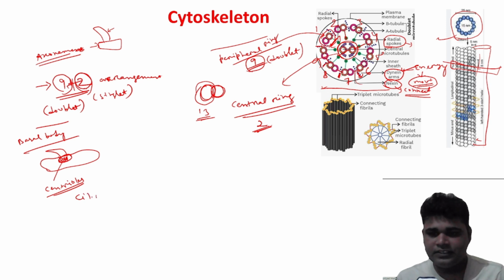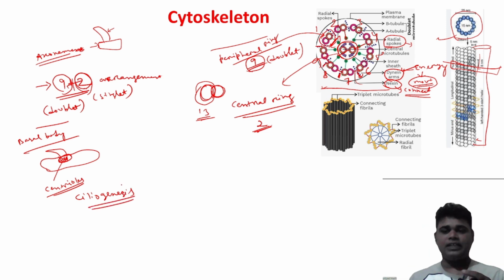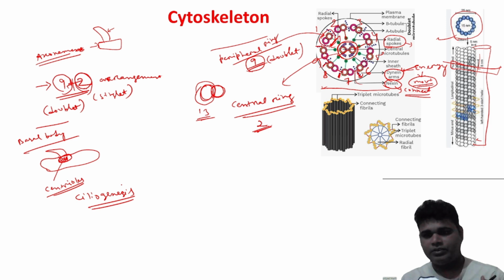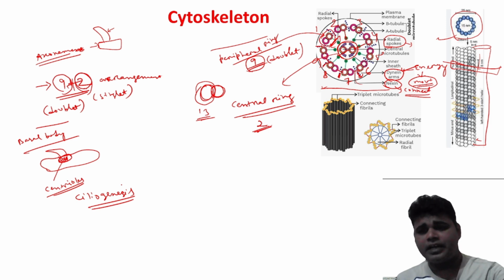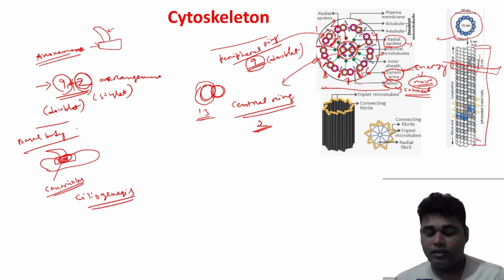ciliogenesis. So what is ciliogenesis? So that means inside the, not our body, but inside, for example, the paramecium or the euglena, the centrioles form the cilia and the flagella, and the process is called ciliogenesis.